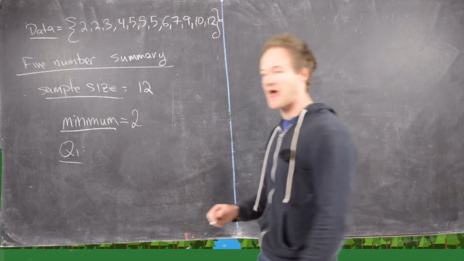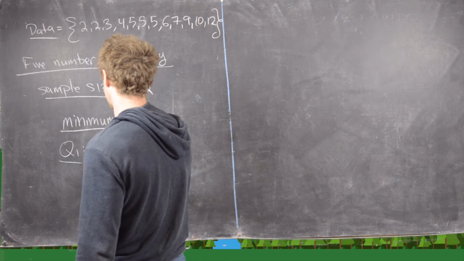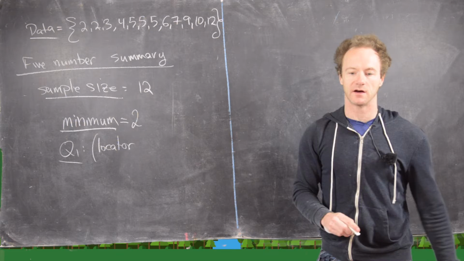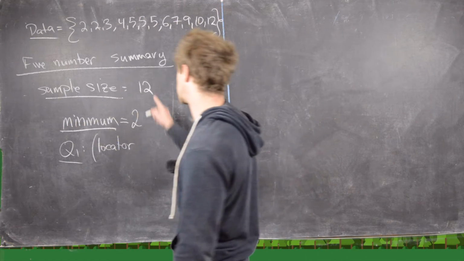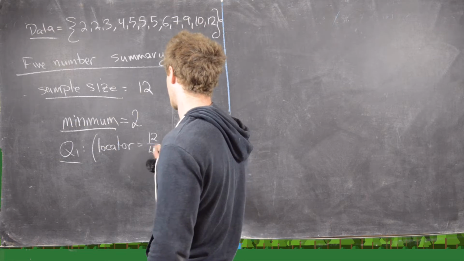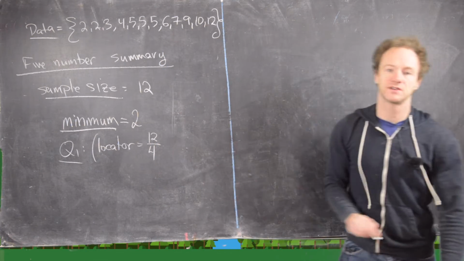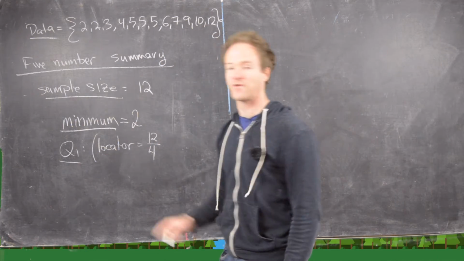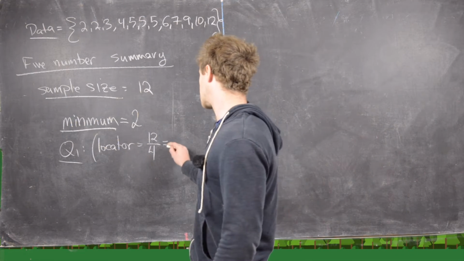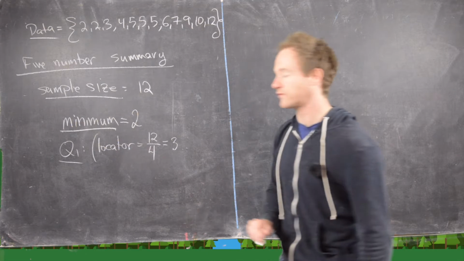And the way to get that is to find the locator. So the locator for this first quartile is going to be given by the sample size. So that's going to be 12 over 4. And so it's over 4 because it's the first quartile. So we're taking a quarter of that. But that's going to be equal to 3.